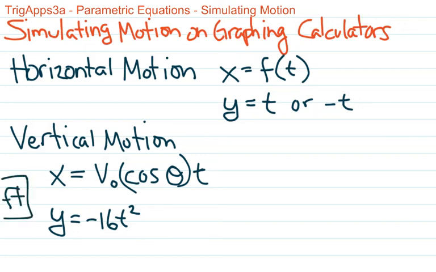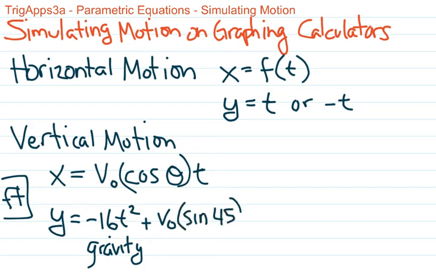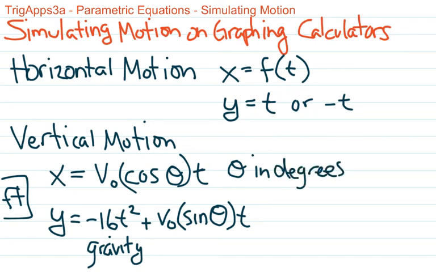So -16t squared, this is gravity, plus v sub 0, the initial velocity, times sine of theta, where theta is in degrees, times t, plus y sub 0, which is the initial height.